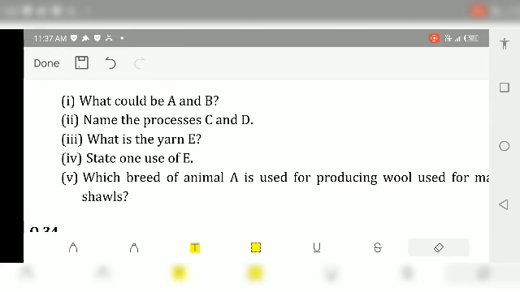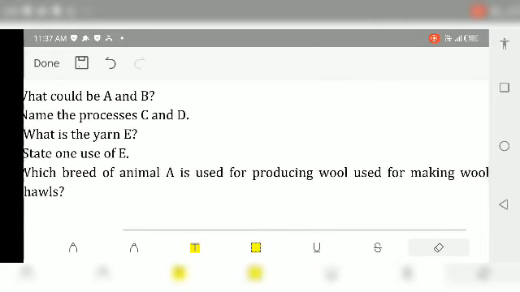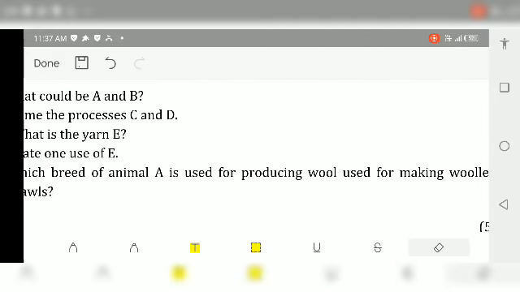Which breed of animal A is used for producing wool used for making woolen shawls? The Bakharwal breed of sheep is used for producing wool used for making woolen shawls.